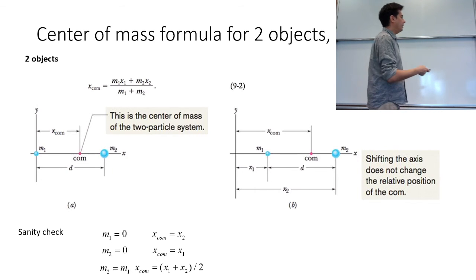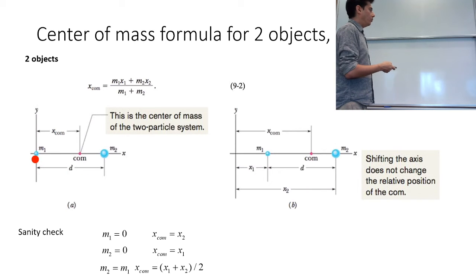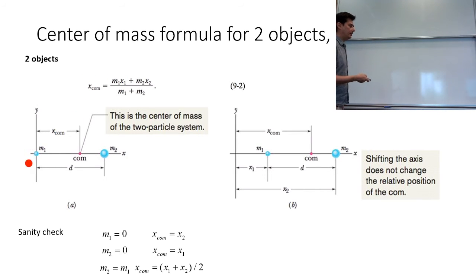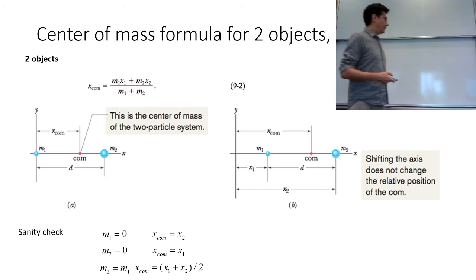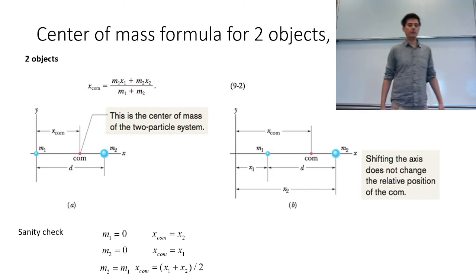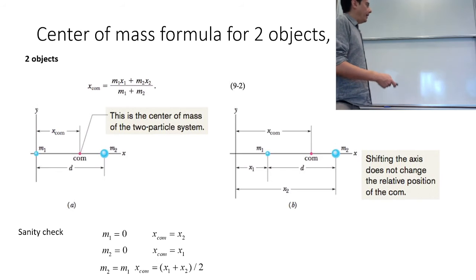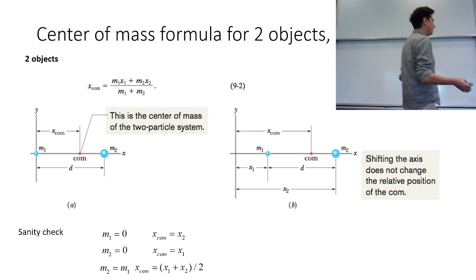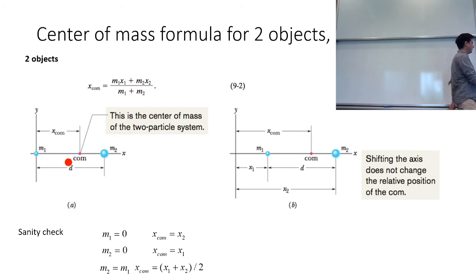Say you've got two objects here, and one is at this point, and another one is at this point, and they're separated by a distance d. So you've got two objects, but if one is heavier than the other, M2 is bigger than M1, just for this example, then because it should be a weighted average, you should bias it a little bit more towards where this one is rather than where this one is.